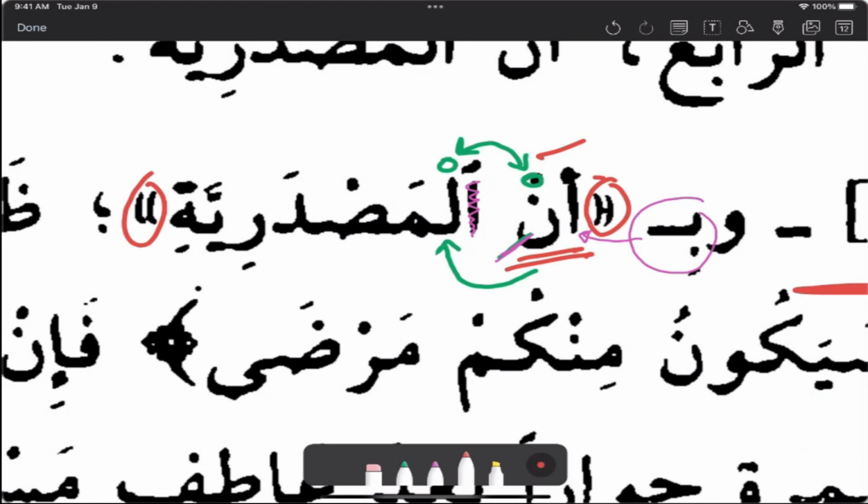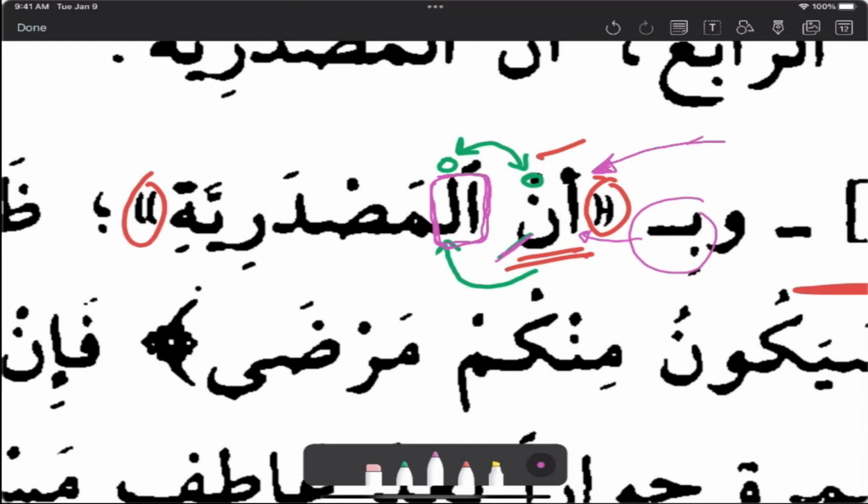I want to point out for you also that this word al-masdariyah has on the front of it what? Al. Al is for definiteness, the masdariyah. So that means that this N here is definite.